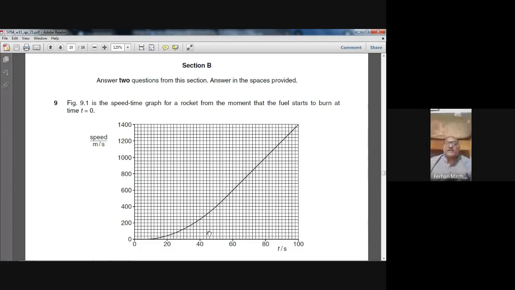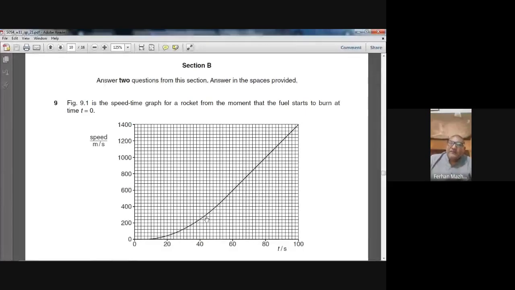The gradient of the speed-time graph is equal to acceleration, and here the gradient is gradually increasing. So the speed increases, but the acceleration value is also increasing, and it's non-uniform because the graph is a curve.